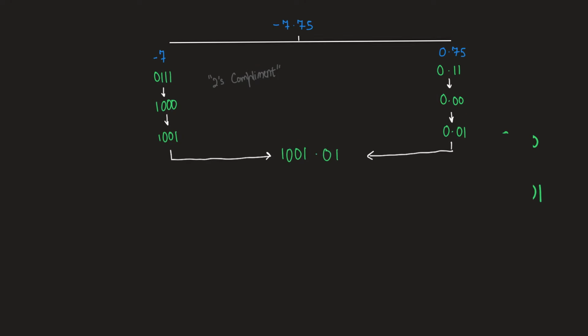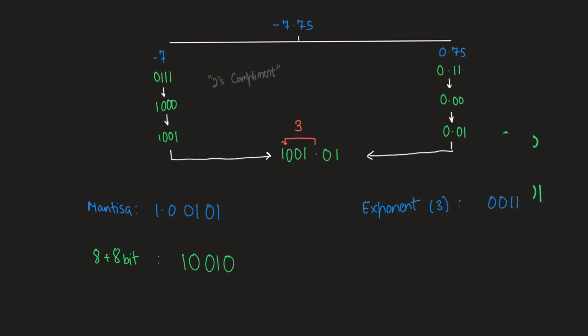Now let's continue with 100.01. We now need to shift the decimal point by 3 to the left. So our mantissa becomes 1.00101 and our exponent is 0011. Written in the 8 plus 8 bit format as 10010100 00000011.